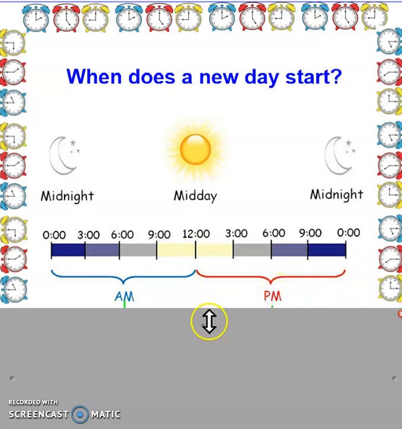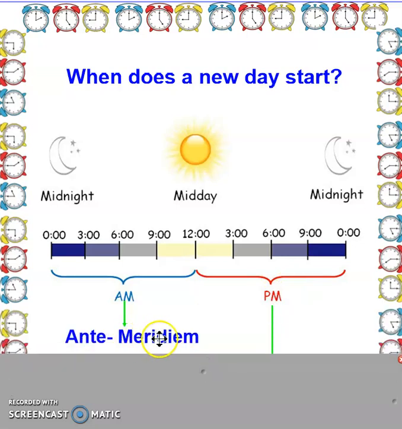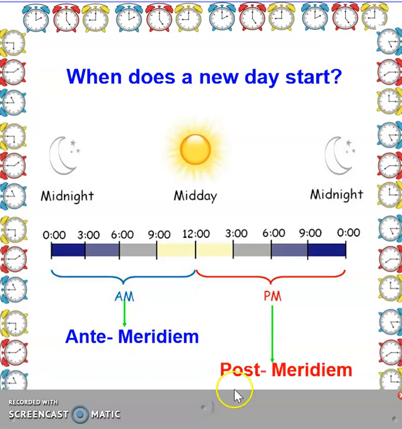Are we getting it? AM stands for anti-meridian. Have you heard that before? AM, anti-meridian. And PM stands for post-meridian. Can we say that? Post-meridian.